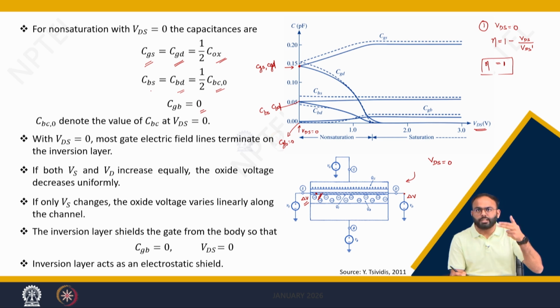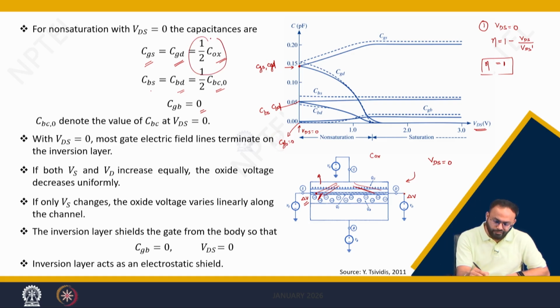That bulk charge is reflected into the change in gate charge, which gives rise to a capacitance. As we are linearly changing the source and drain voltage, so we can simply say the overall capacitance measured between these terminals is nothing but what? COX, right? That overall capacitance is just split into half. Half will go at the drain side and half will go at the source side, meaning the linear change in the body or the gate charge is captured by the drain and the source at VDS is equals to 0, right? That is what we are getting, the half term.